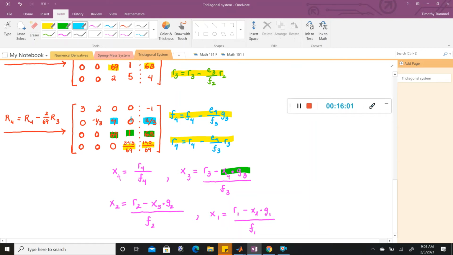So we have R2 minus x3 G2, and then we would just divide by this number here, F2. It might help to try to do this by hand yourself. We'll keep doing this until we get down to x1. Everything looks the same other than x4. By the same, I mean x3, x2, x1 follow this same little pattern. So let's go and try and code this into Matlab.